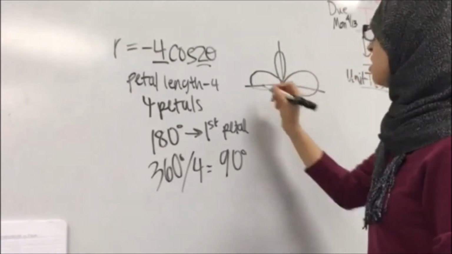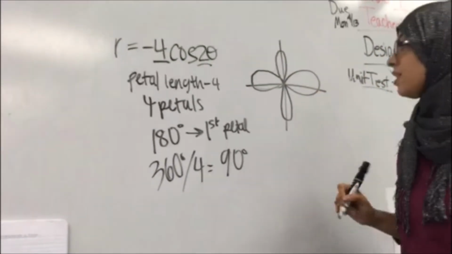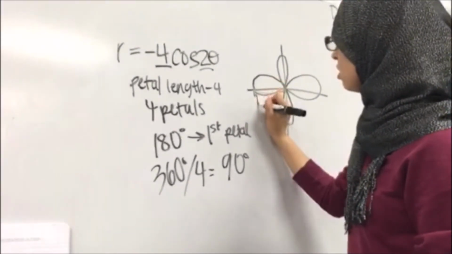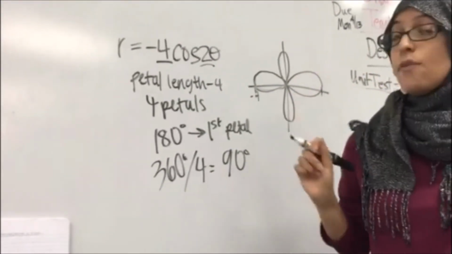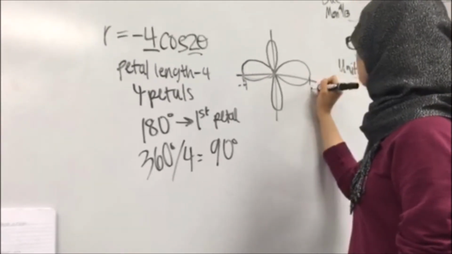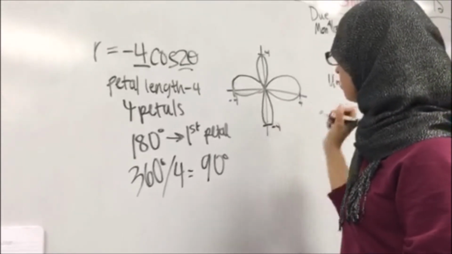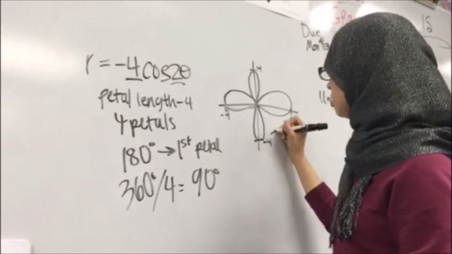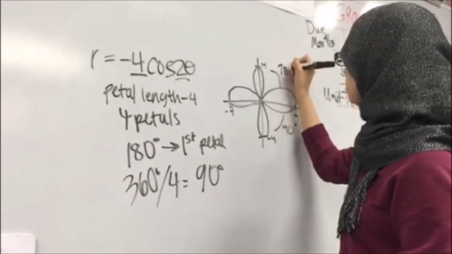Obviously these petals are supposed to be equal in size, and each of them is 4 in length. They're not supposed to overlap either. My picture isn't perfect, but that's what it's supposed to be. So this is 4, 4, 4, and they should have 90 degrees in between.